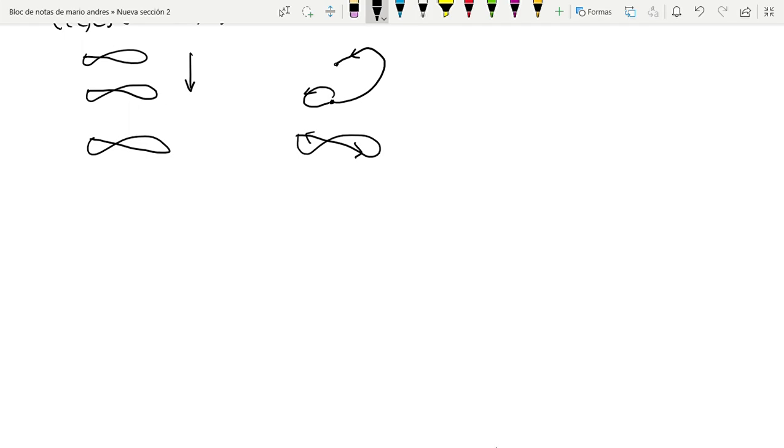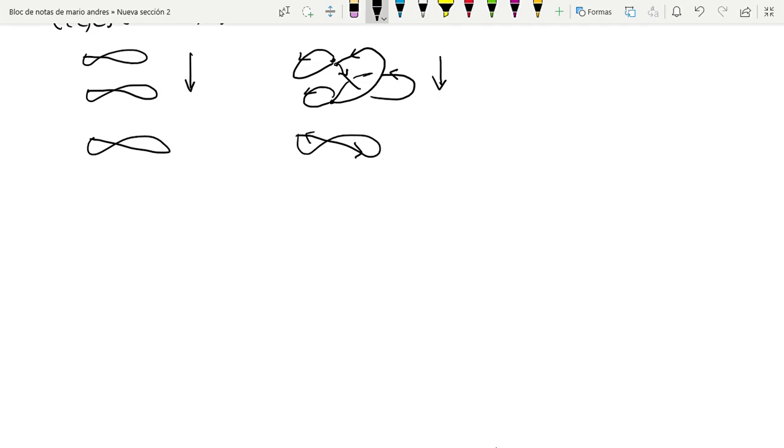And this one goes like this, down, right, and a turn, and we get over here, right? And the last one goes just like this, right? This is the second covering of our space.